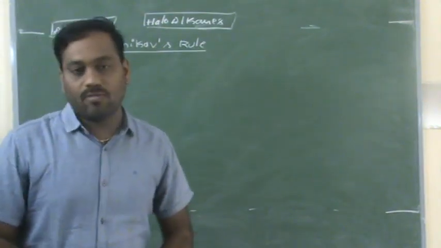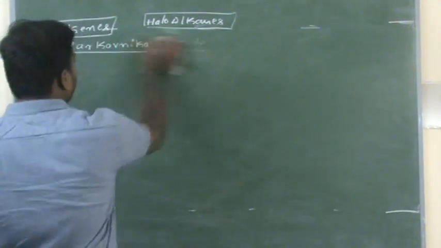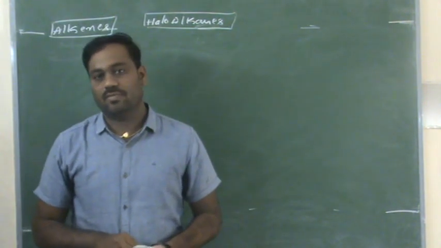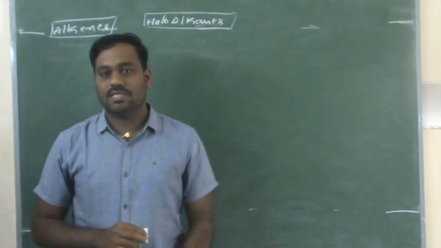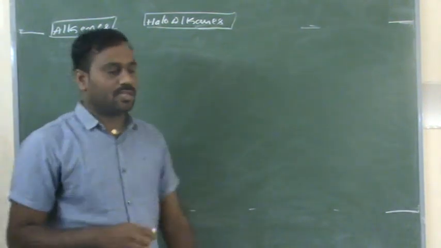Before going to the Markovnikov rule and anti-Markovnikov rule, let us discuss how many types of alkenes we have. There are two types of alkenes. One is called symmetrical alkene, and the other is unsymmetrical alkene.